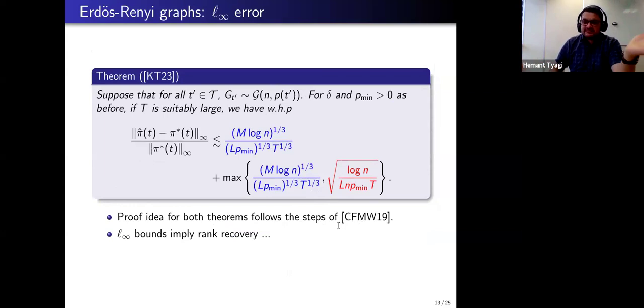To derive these L infinity bounds, they use this recent leave-one-out technique, which is being used a lot for L infinity error analysis for spectral methods, and we use the same thing, but there are technicalities involved because of having this union graph G delta.